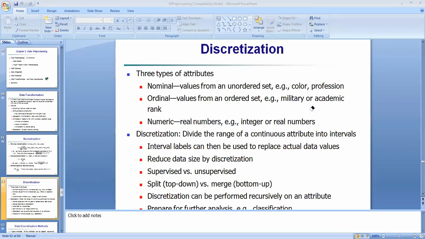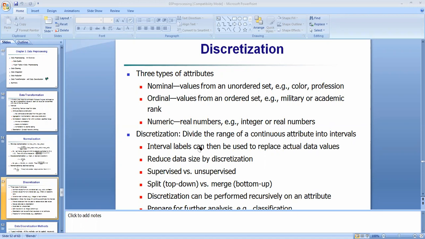So these are the three types of attributes. Next, what is the purpose of discretization? Discretization divides the range of a continuous attribute into intervals.